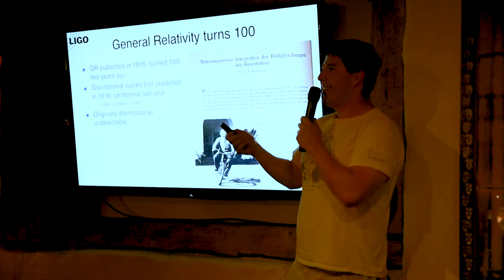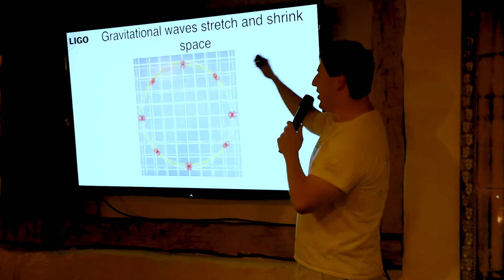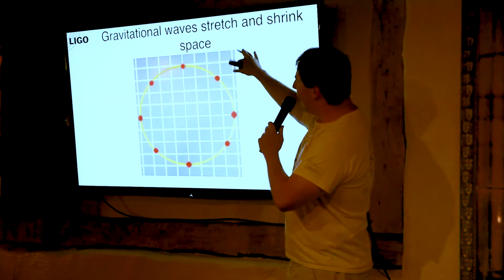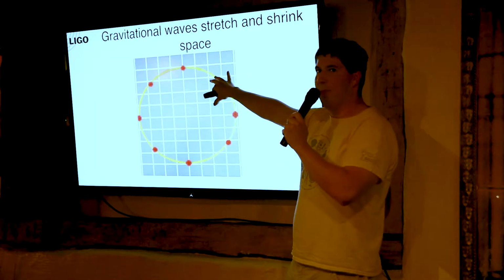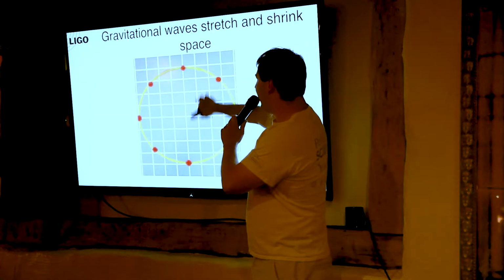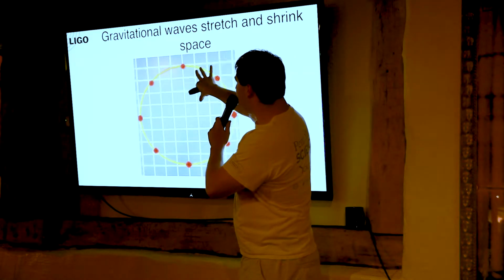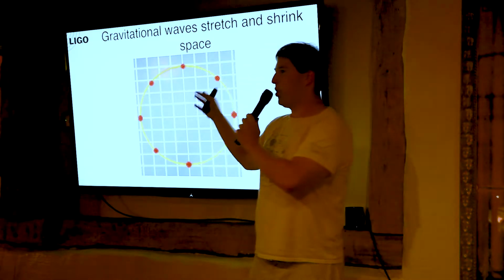So what is a gravitational wave? If we imagine that a gravitational wave is coming into the screen, it is going to stretch and shrink this screen. It does this in two axes here, and they're both 90 degrees to each other. So if we have a ring that's just sitting in this screen, it's going to get stretched and squished.